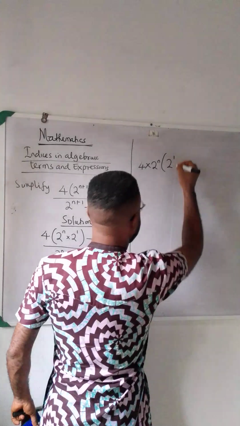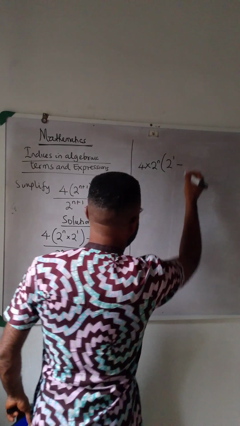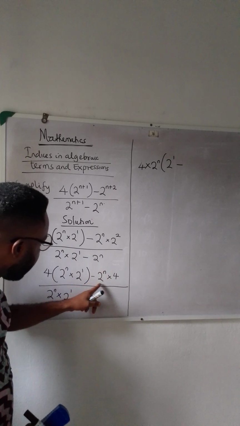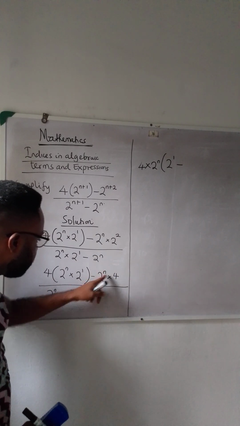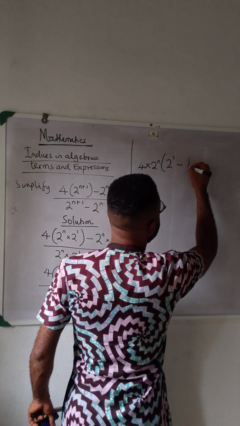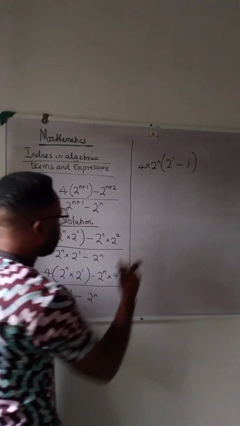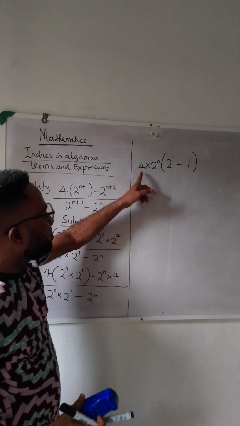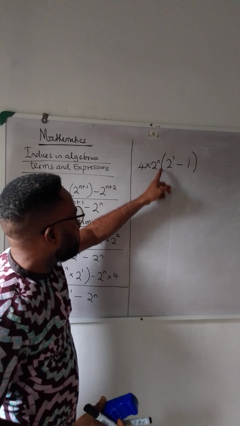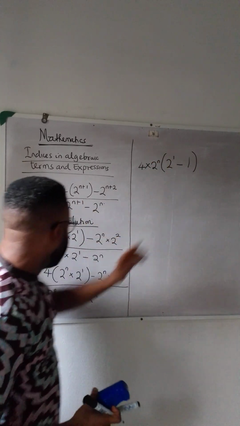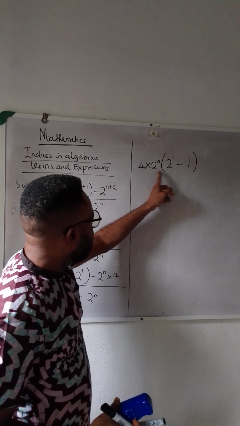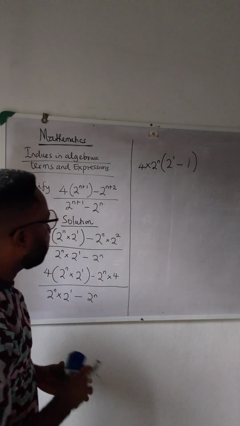So this will be 2 raised power 1 minus, when we take out 4 times 2 raised power n from this part, we are going to be left with 1. Such that if we open this bracket, that is 4 times 2 raised power n into 2 raised power 1, we are going to have the whole of this. And then if we multiply this by this, we are going to have the whole of this.